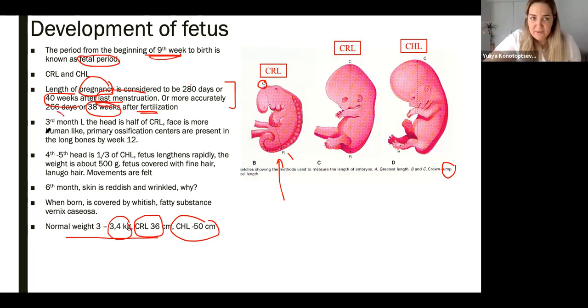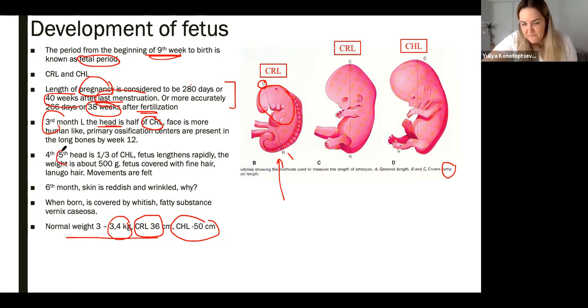3rd month of pregnancy, length of the head is half of the crown rump length. Can you imagine when you're a 3 months old embryo, your head is until here, exactly half is the head. I'm sitting right now, half of it is the head. Head is very important.